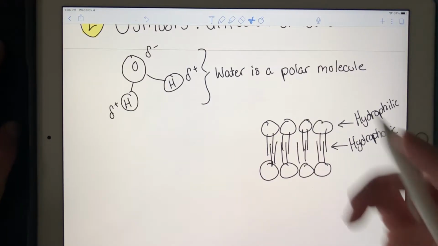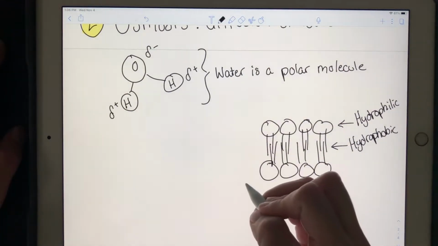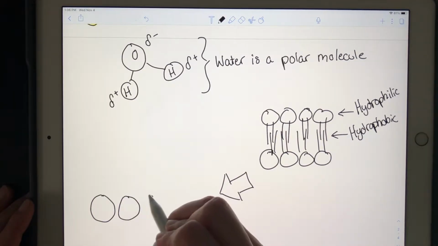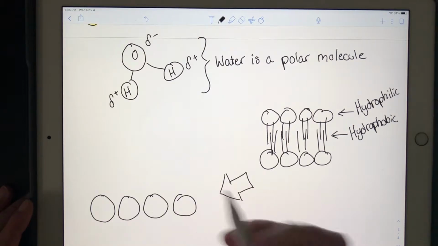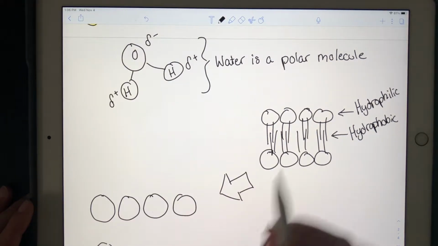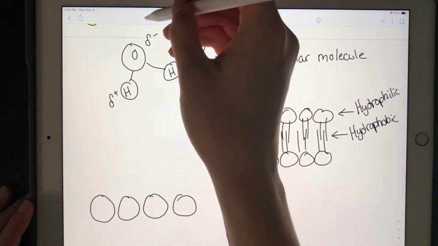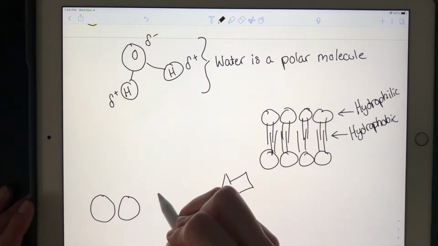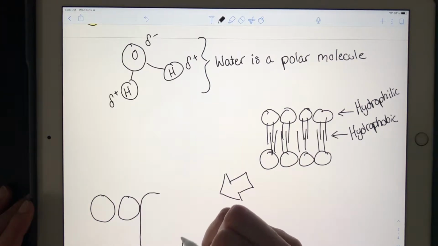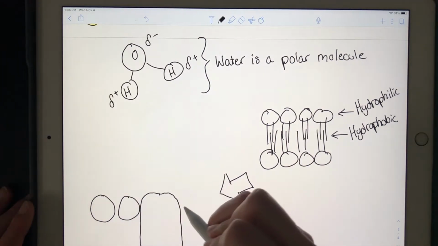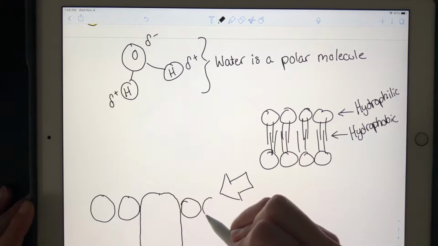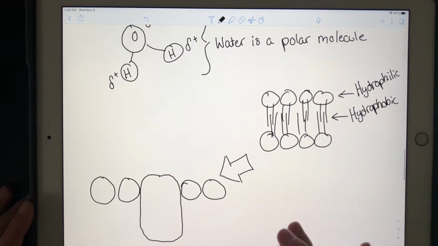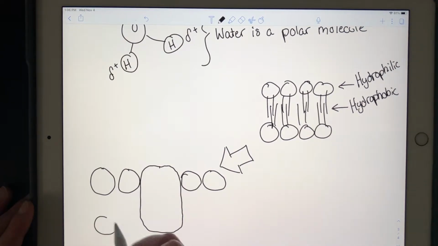That's where we have a very, very helpful tool. I'm going to redraw the membrane. But this time, I'm going to put like this big oval shape after drawing two of my phosphate heads.